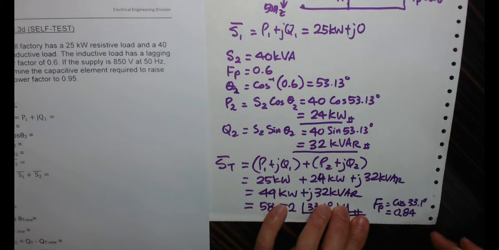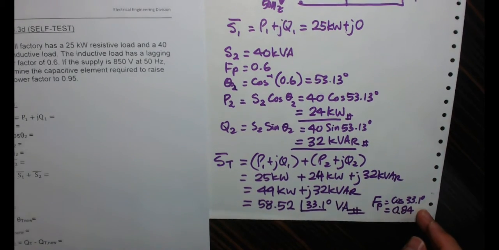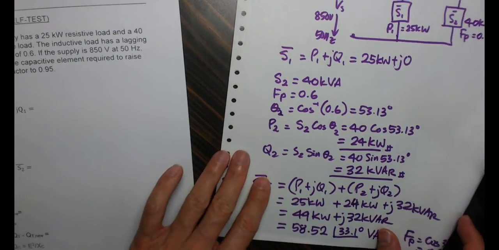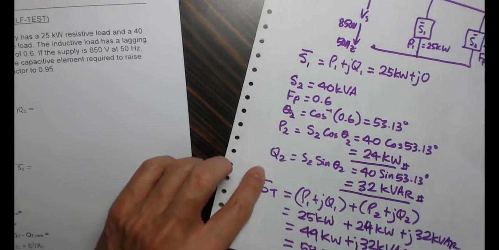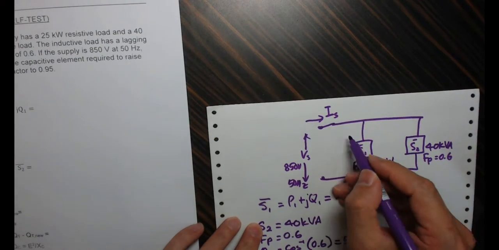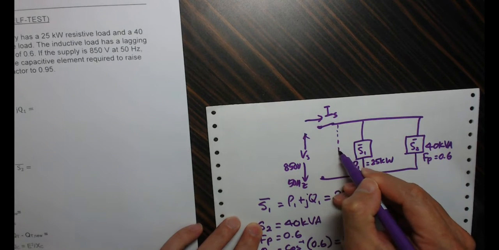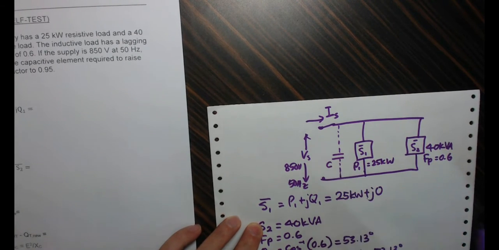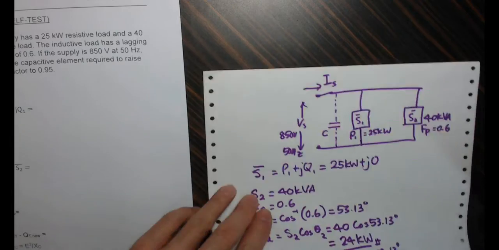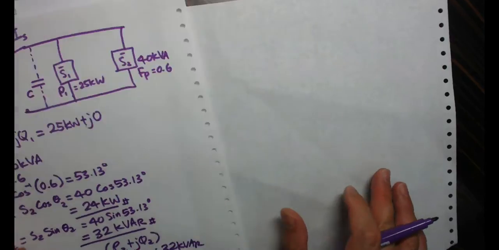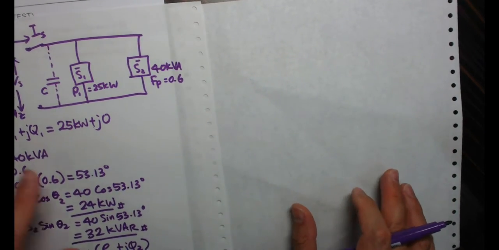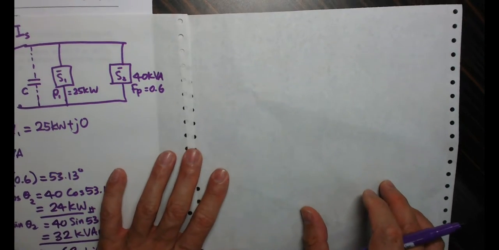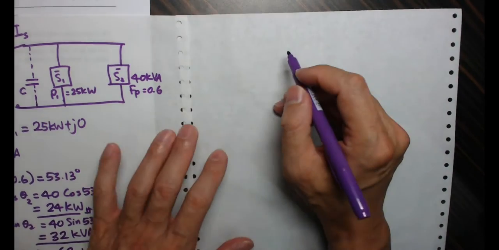Right? So with this, we want to improve the power factor. We want to improve the power factor by introducing the capacitor, the power factor correction capacitor here, C. Okay, so how do we do that? Now, at this juncture, it is good to draw a power diagram.